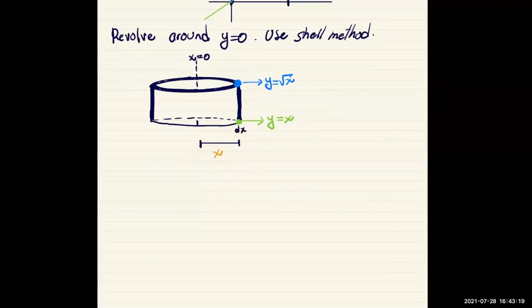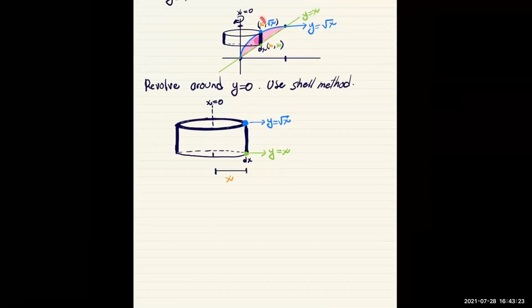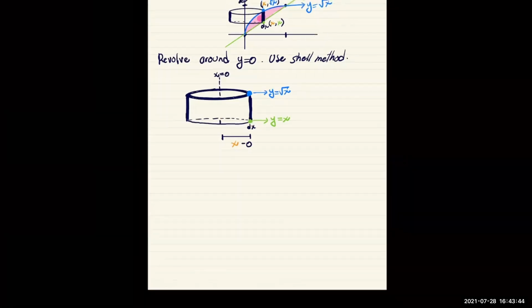Anyway, that's the radius of the base, okay? Because the horizontal distance is x. And you could again think of it as x minus 0, because the center is 0. This x is equal to 0. So you take the value of this x, which is just x, minus 0, or just x.